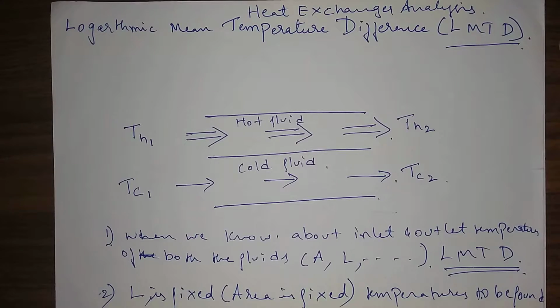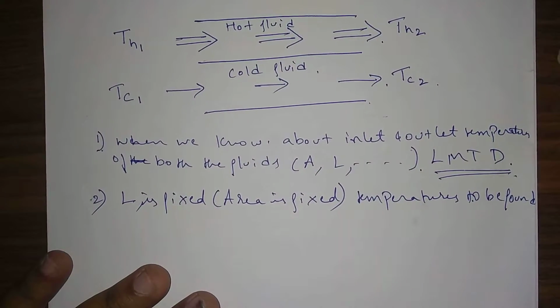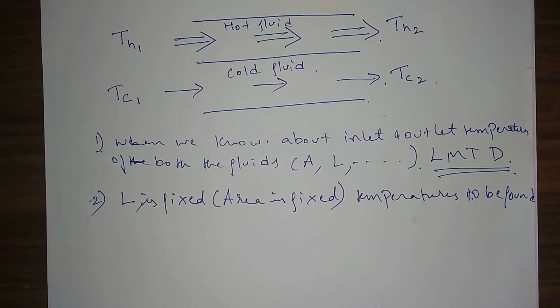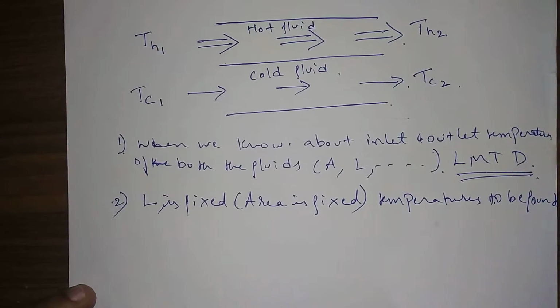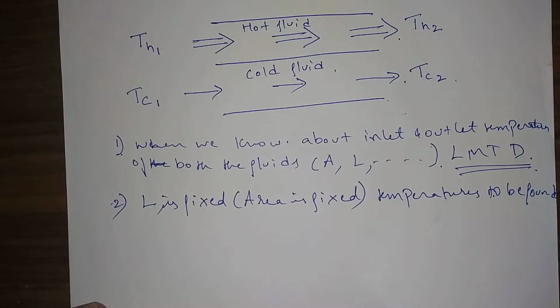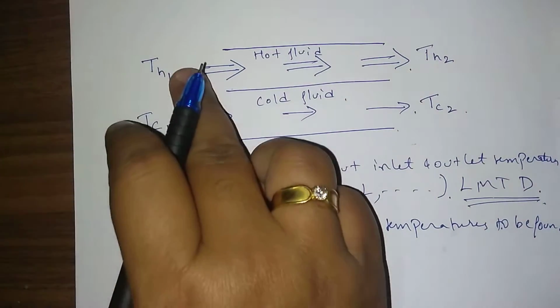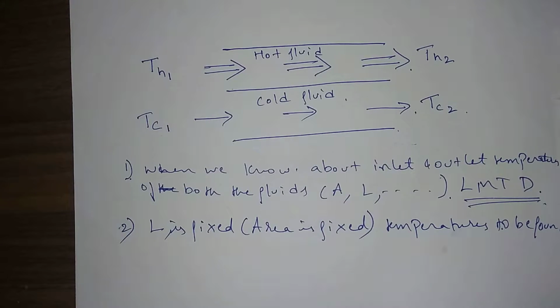And when you don't know all the 4 temperatures, you know only other details about the heat exchanger, or only partly know the temperature data about the hot and cold fluid, not completely, then you will go for the NTU method, which is also called the effectiveness method.